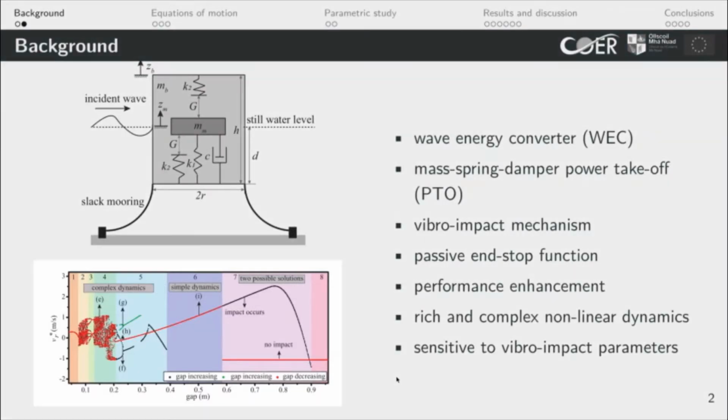So it's quite important for us to see how the wide-band impact parameters affect the system dynamics and in what region of the parameters we prefer to operate to achieve a simple system with high power capture. That's why we need to do such a parametric study for this wide-band impact system.